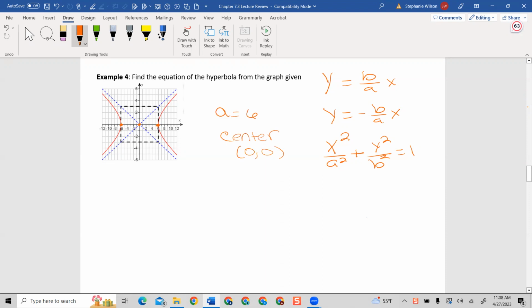So when we look at it, 6 here, right? And then we have 3 here. So I could say a comma b, which is 6 comma 3. I can use this and this to find the slope.